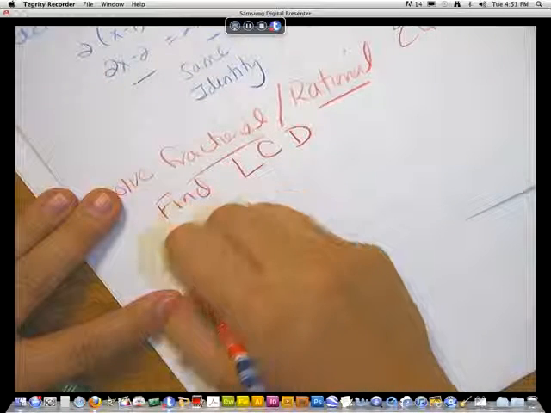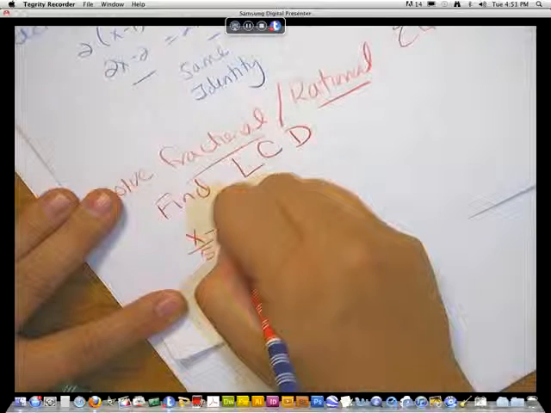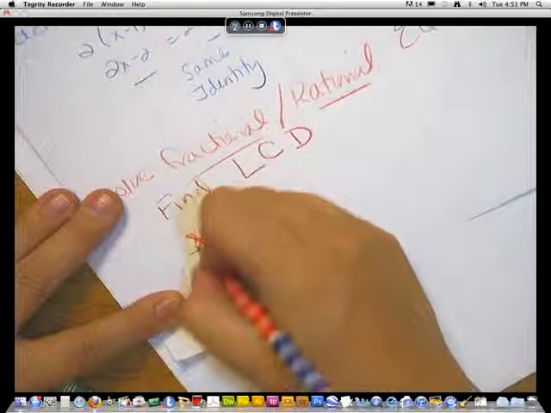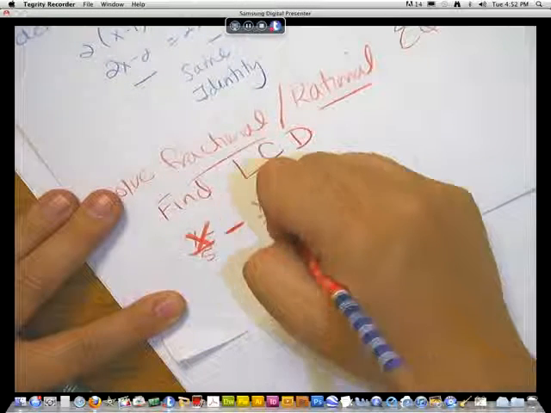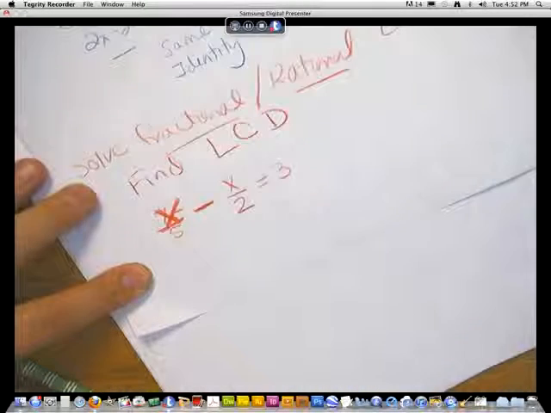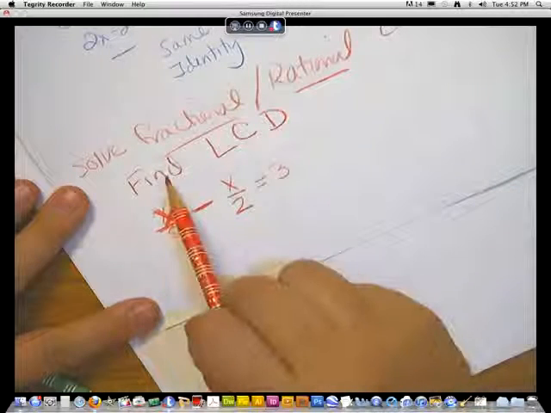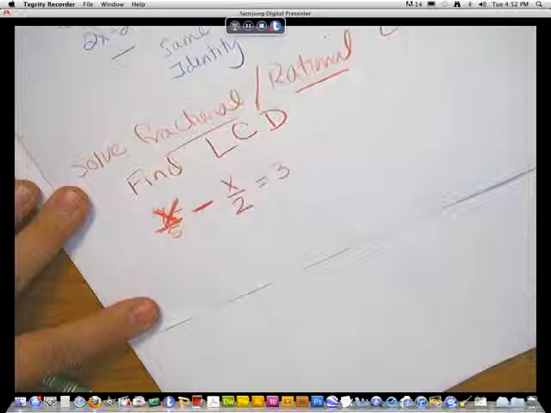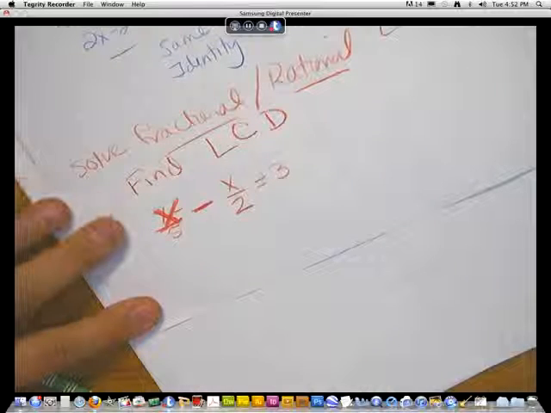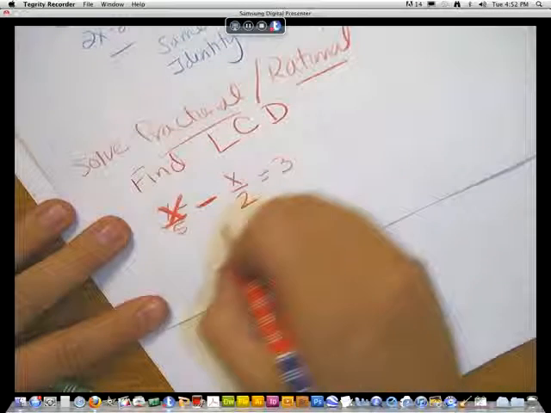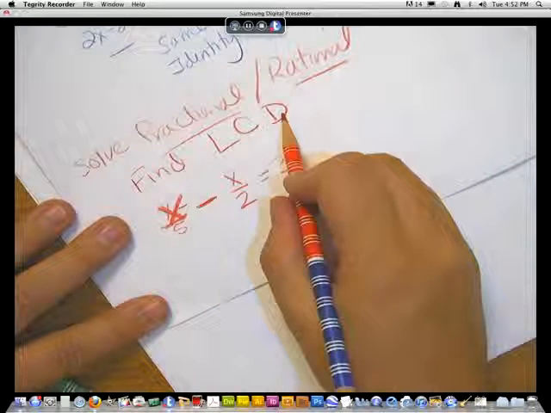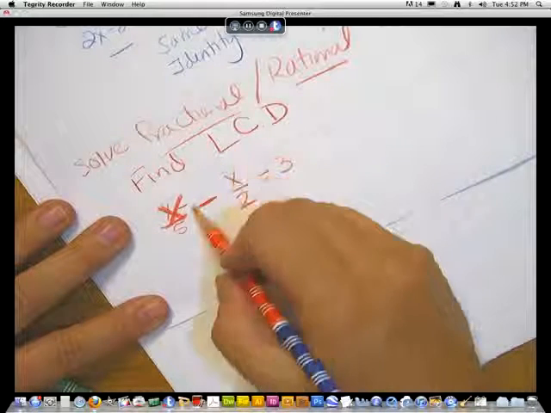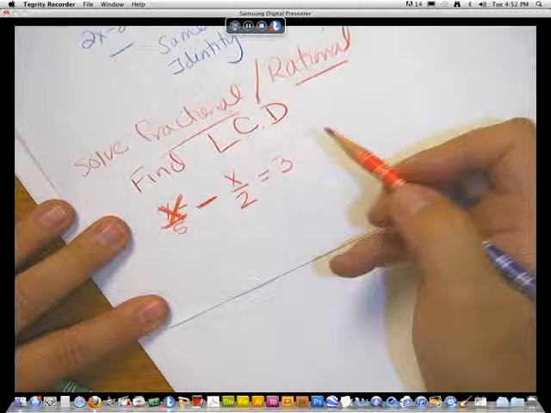The first one, x over 5 minus x over 2 equals 3. The LCD, the least common denominator that we're going to find, is going to be 10, because 5 and 2 are the denominators, so that's the D part. So what's least common between 5 and 2? 10.